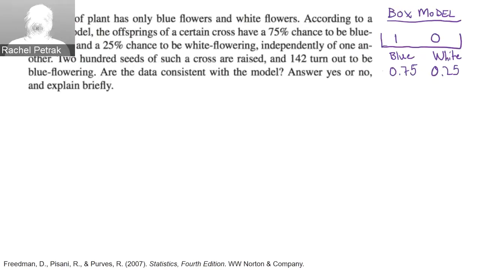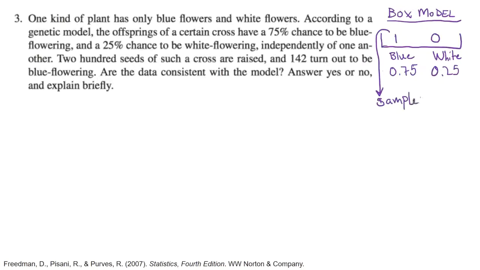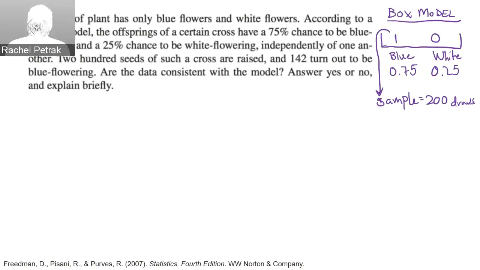The box is the population, but the data are the point. The important thing to know here is that because we have a 0-1 box, we don't have to actually know the number of tickets in the box because we know the proportions. And we know that our sample is 200 seeds, so it's like 200 draws. So we get 200 draws from this box.